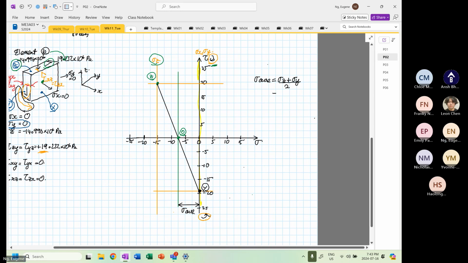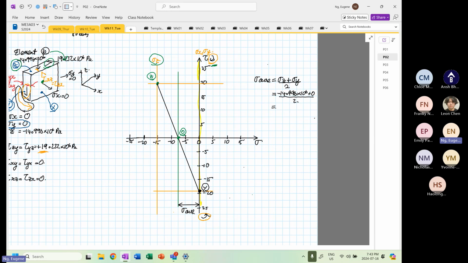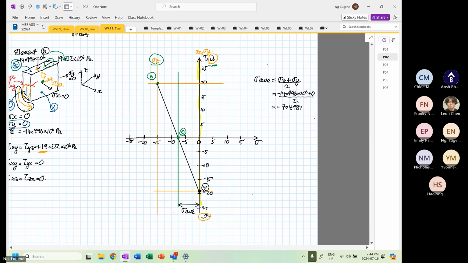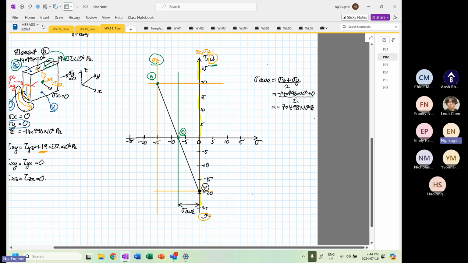So this in turn will be equal to minus 14.996 times 10 to the power 6 plus 0, divided by 2. So 14.996 divided by 2 is minus 7.498 times 10 to the power 6 Pascal.